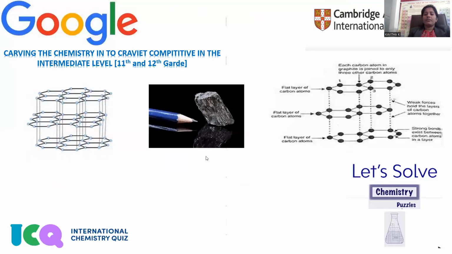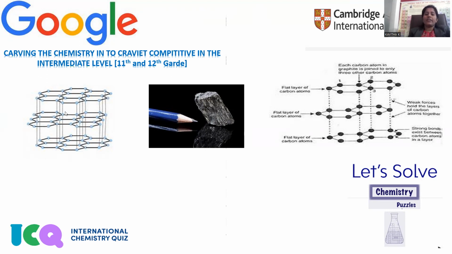Whenever you apply force, these dotted line bonds will break, so that one hexagonal layer will slide over another. Hence we can use graphite as the best lubricating material in automobiles, right?